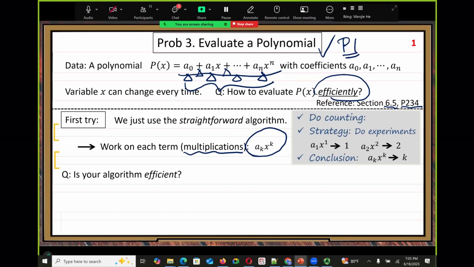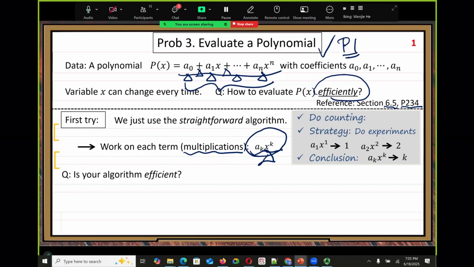But because our goal is to find the fastest way to calculate the polynomial, and the polynomial is relatively complicated, let's just consider the fastest way to calculate one term.